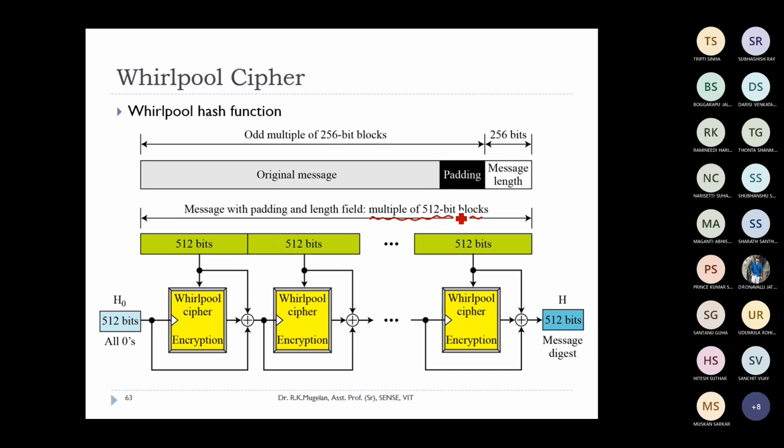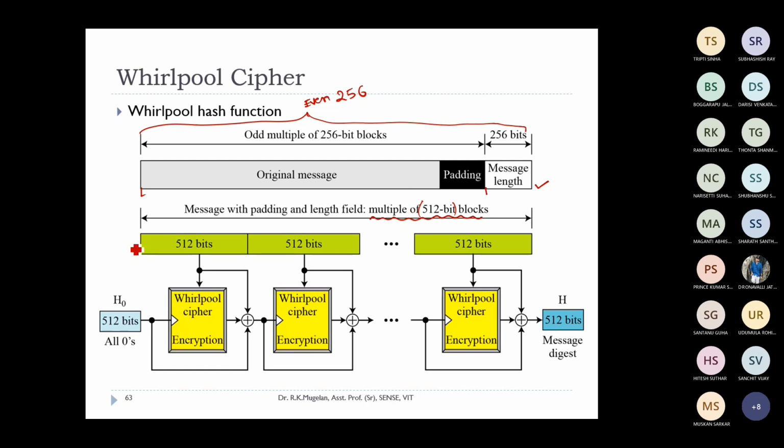In terms of 256-bit blocks, the entire thing, including the message length bits, should come to an even multiple of 256, or sorry, the entire thing should be a multiple of 512-bit blocks. Generally, 256 bits are used for the message length, which means if you pad the original message it should come to an odd multiple of 256; adding the length field then makes it an even multiple of 256. Put simply, after padding and adding the length field, it should come to a multiple of 512 bits.